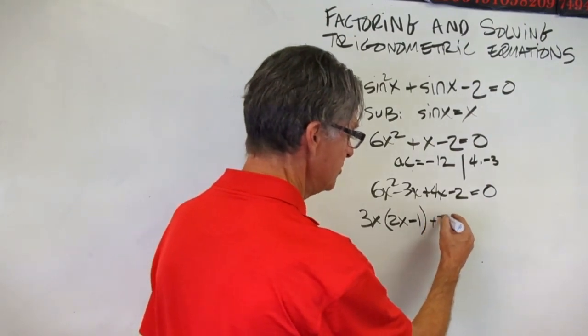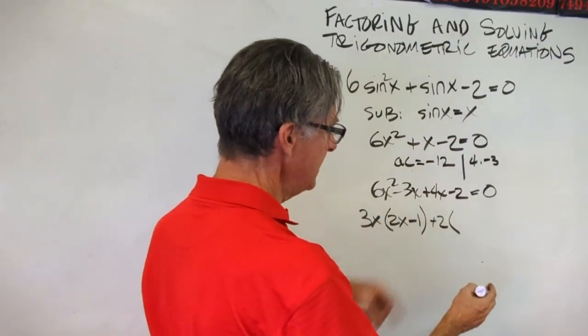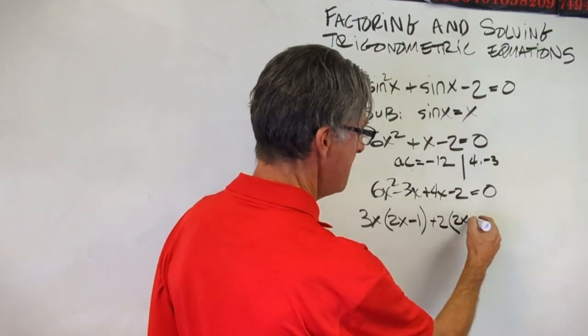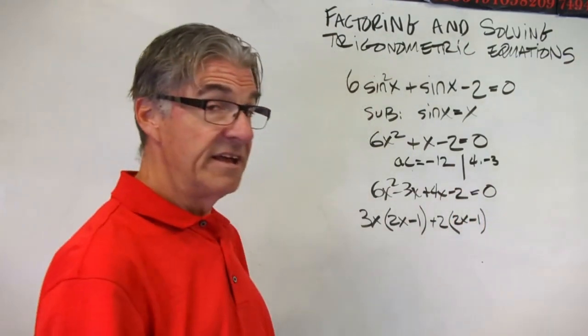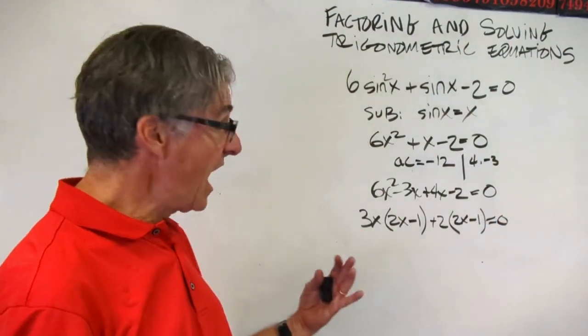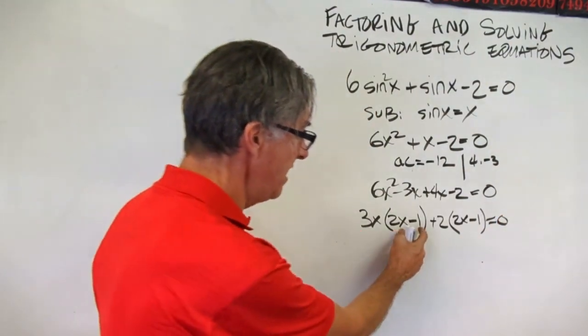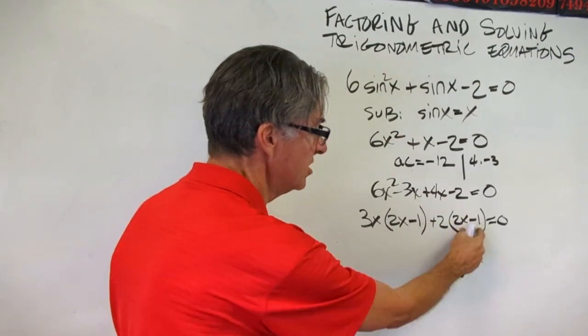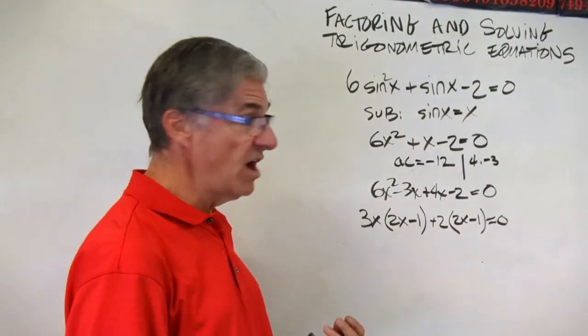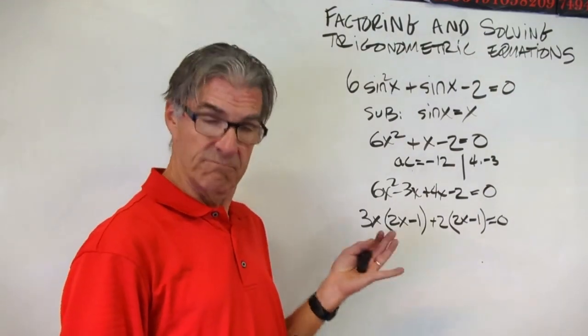So I have a plus 2 coming out, and what do I get back in there? Take 2 out, I've got 2x minus 1 right there equals 0. So now I know I've done this right because the parenthetical factors, these 2 terms, are the same. They have to be for this to work. If they're not, you need to go back, you did something wrong.